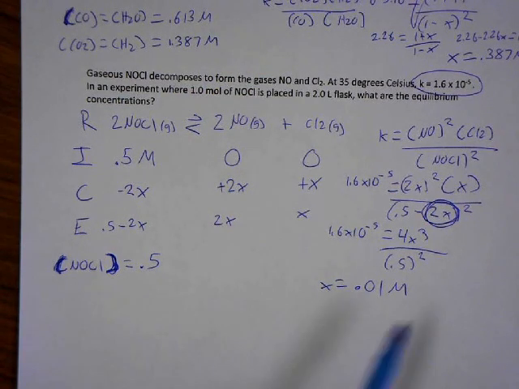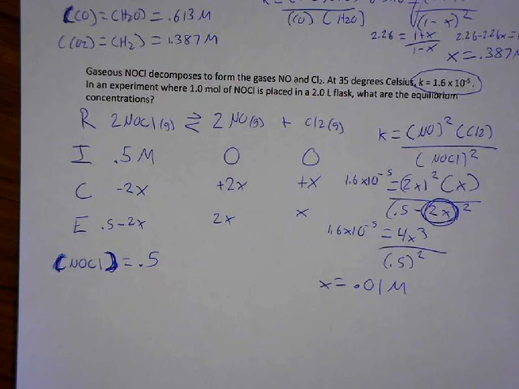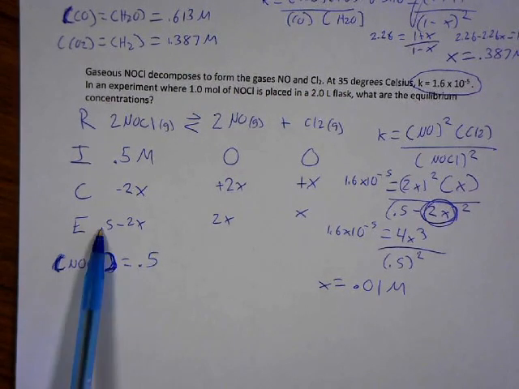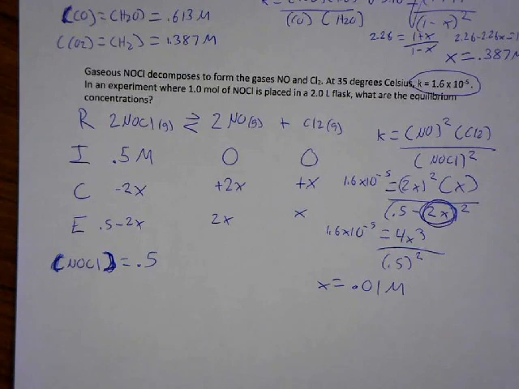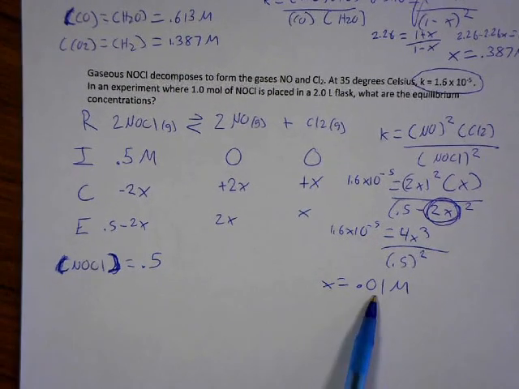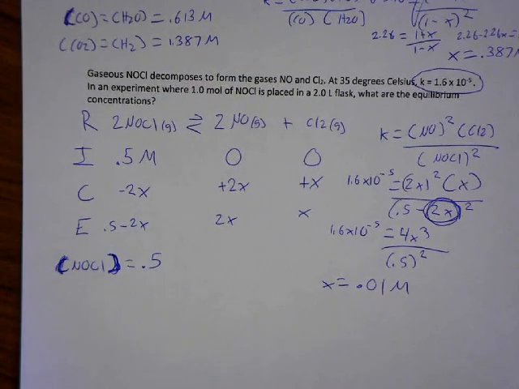0.5 minus 0. But the x is 0.01. If you sub in for the x, it's actually 0.48. When you subtract, you keep the least number of digits after the decimal.